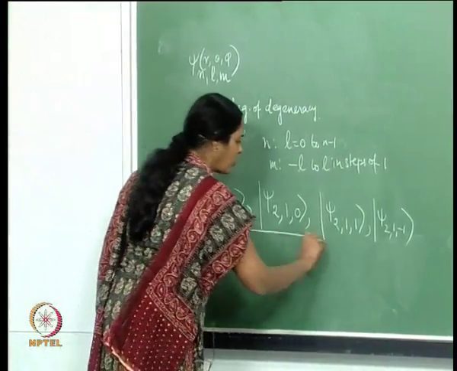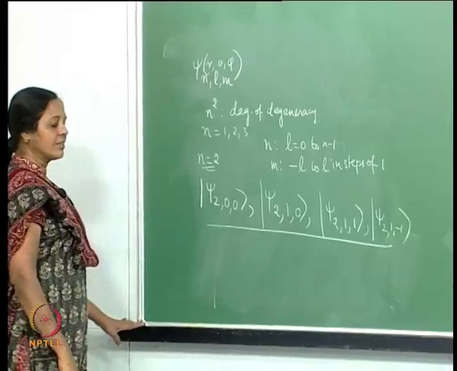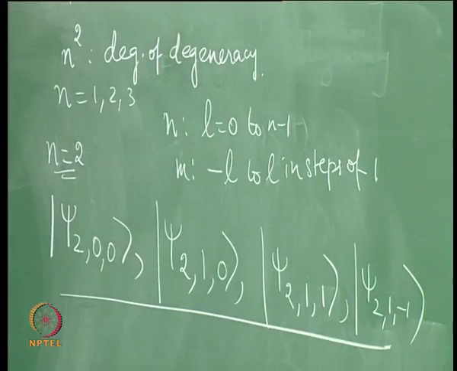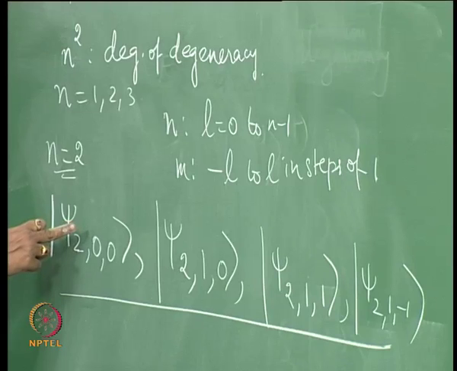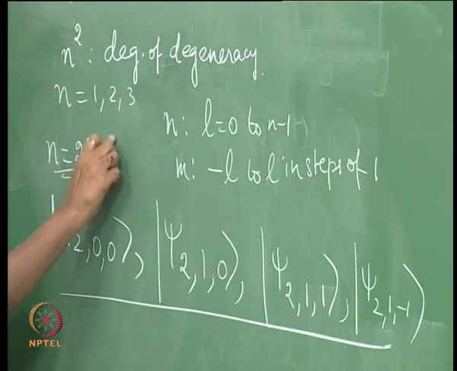So, there is a 4-fold degeneracy, and these are the various wave functions, each of them being a function of r, theta and phi, corresponding to the first excited state of the hydrogen atom. This is the first excited state.